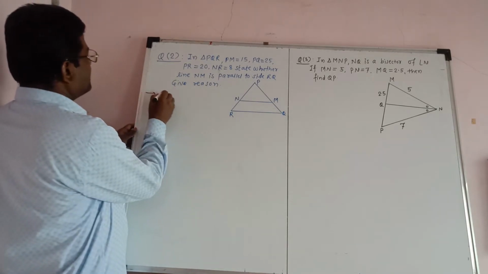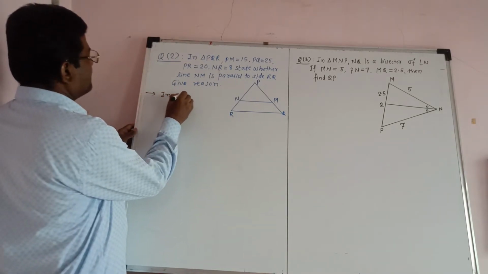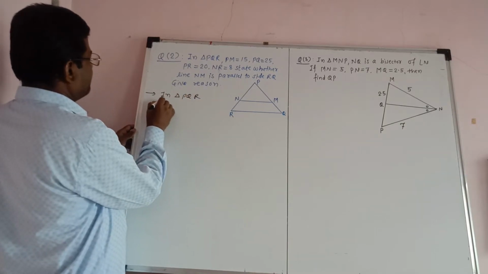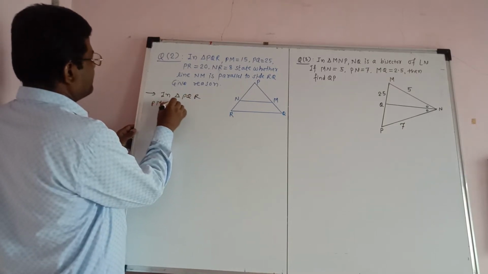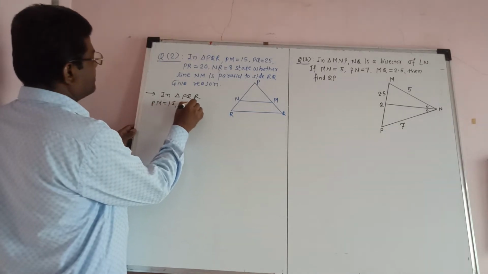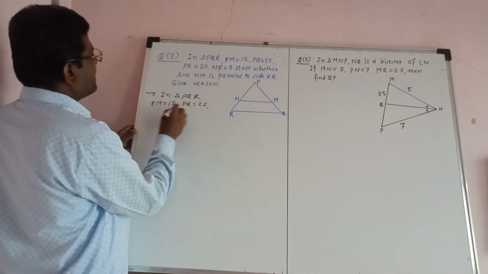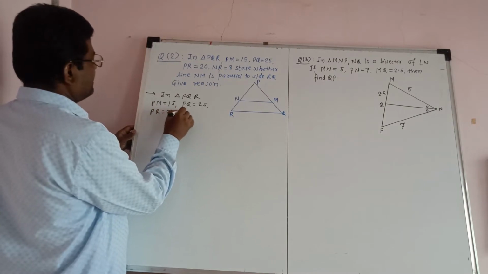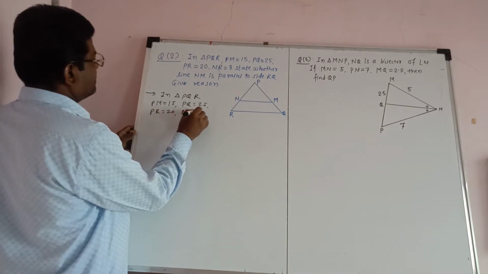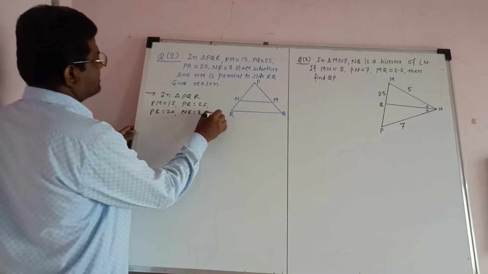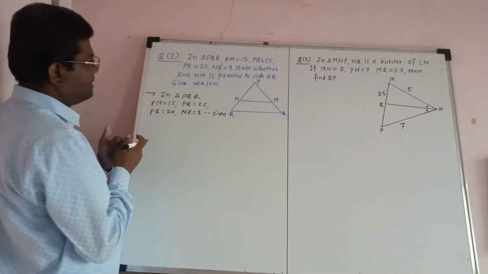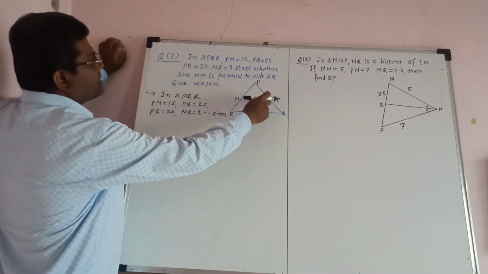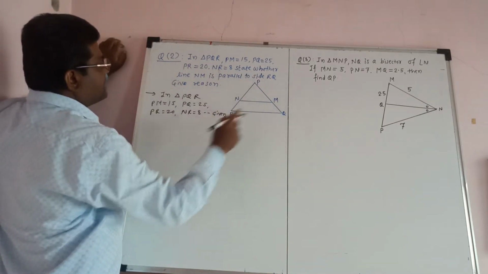Therefore, write the solution. In triangle PQR, PM is equal to 15, PQ is equal to 25, PR is equal to 20, NR is equal to 8. This is given. Now PM plus MQ is equal to PQ.